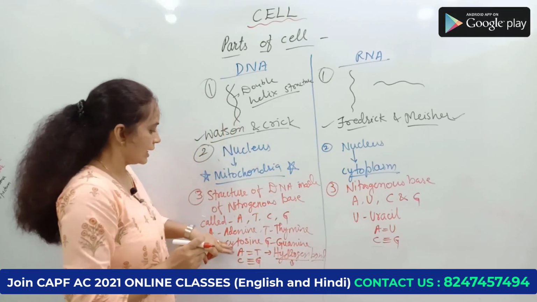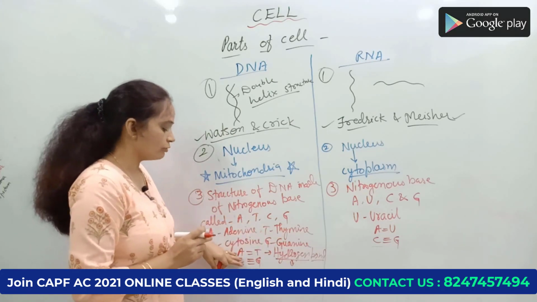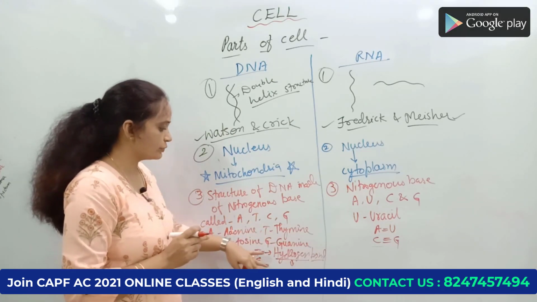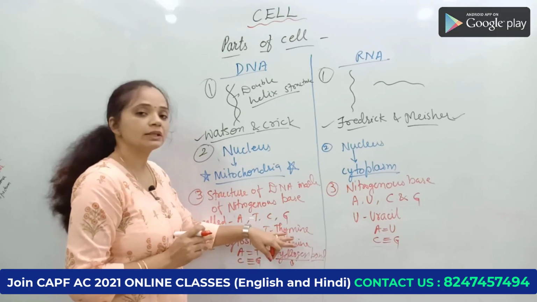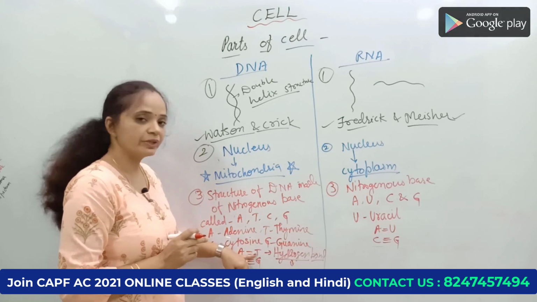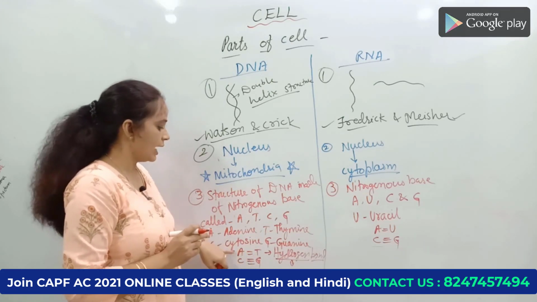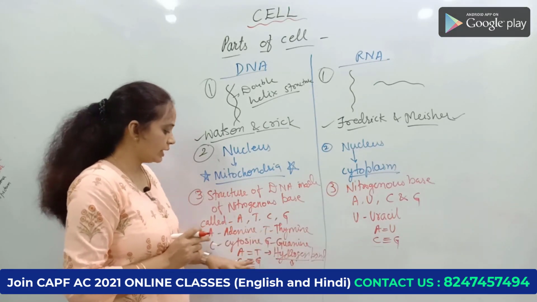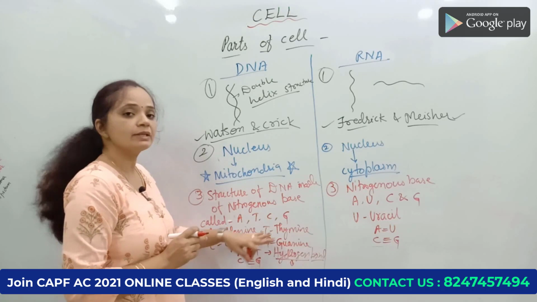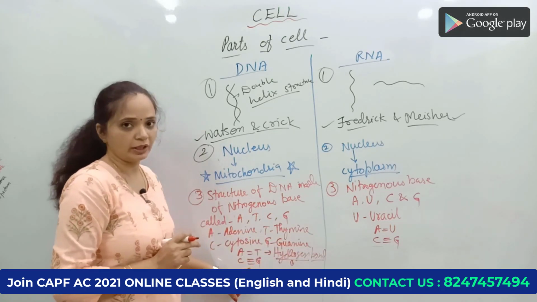A stands for adenine and T stands for thymine. Adenine always bonds with thymine, with a double hydrogen bond. Then cytosine is always bound with guanine, with a triple bond.